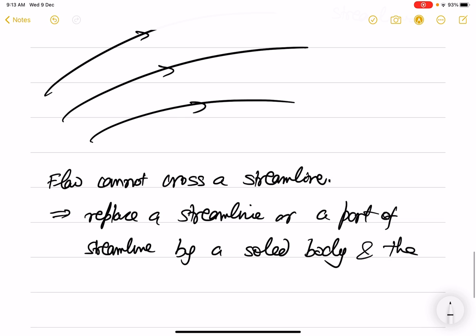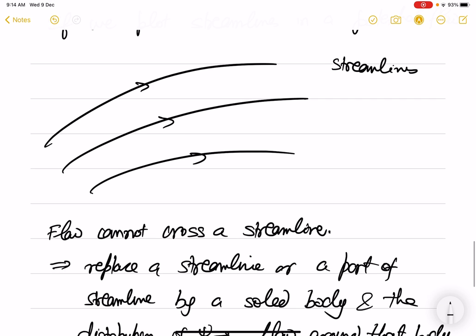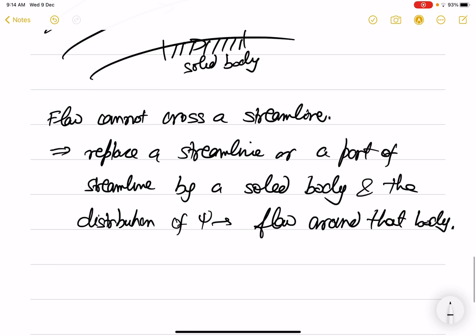And the distribution of psi gives us flow around that body. So for example, here I have shown these streamlines. I can take a part of a streamline and replace it by a solid body, and it will make no difference. Now, of course, the question may come, what happens to the no-slip boundary condition?